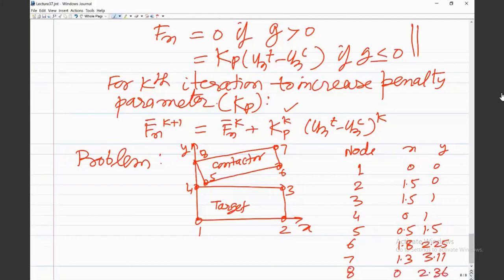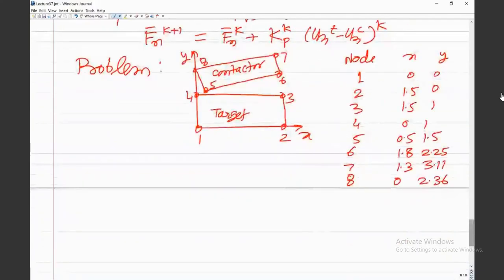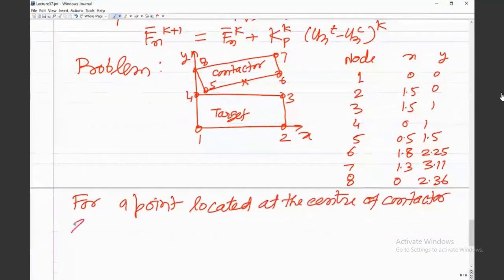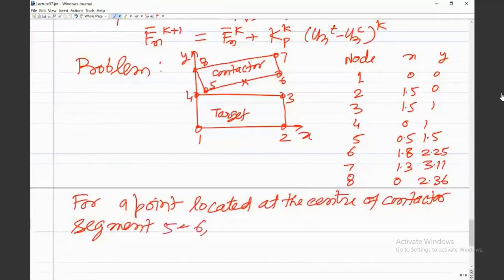What you have to do is, for a point located at, let us take some point at the center over here, for a point located at the center of contactor segment 5-6, determine its contact point on the target line.